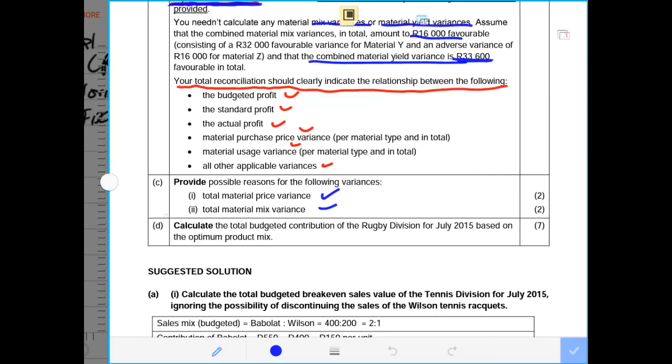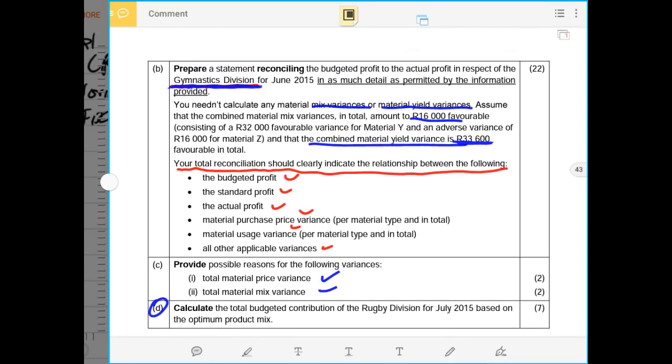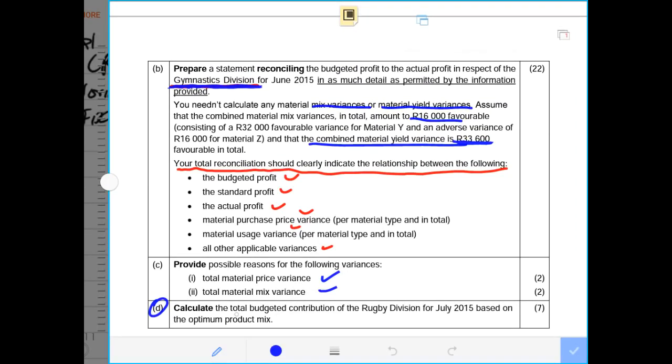Now we go to number D, which is the last requirement. Number D says: calculate the total budgeted contribution of the Rapid Division for July 2015 based on the optimum product mix.